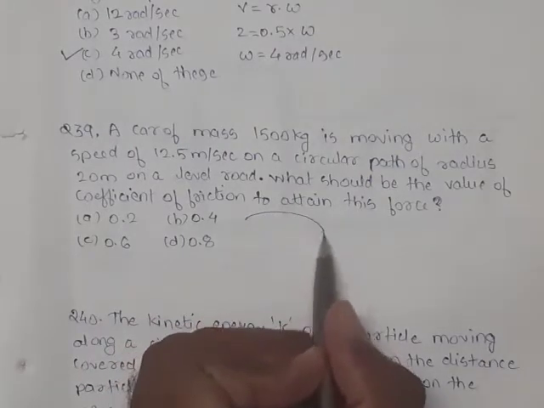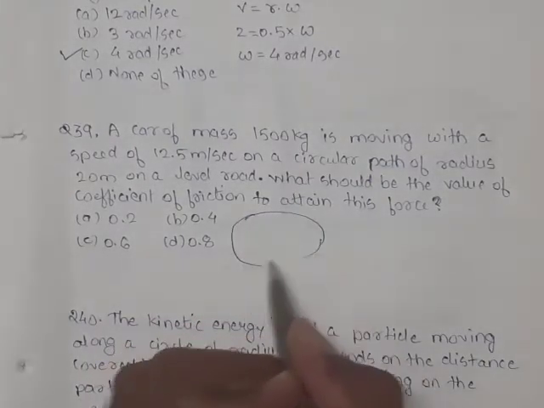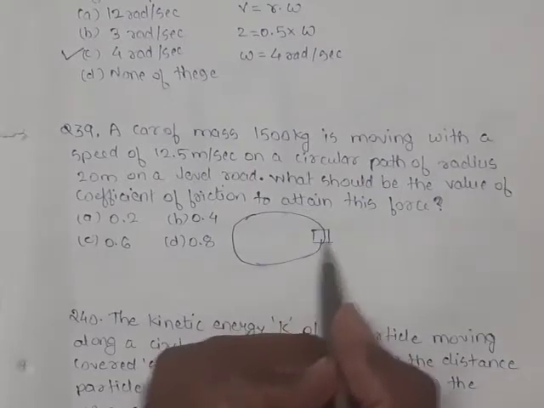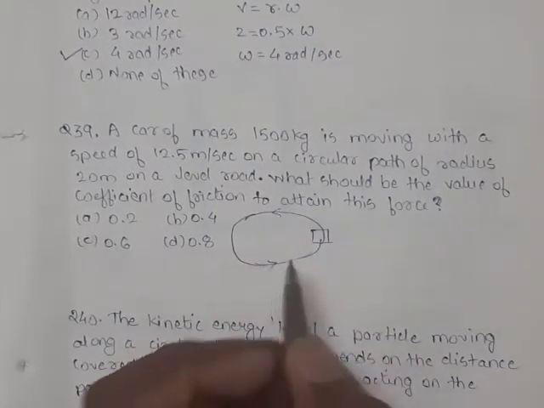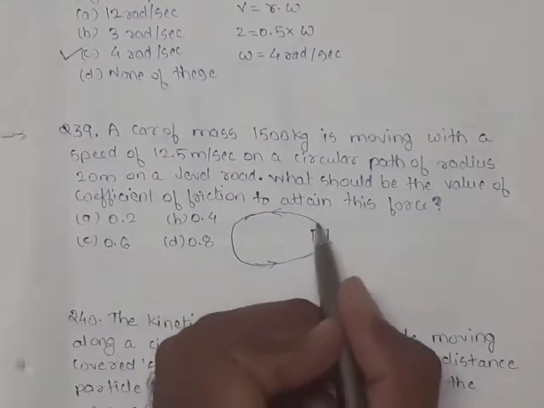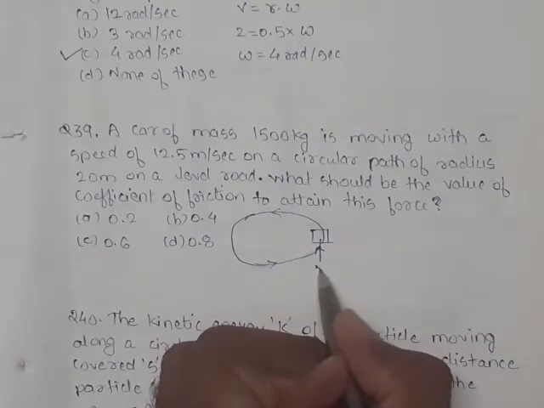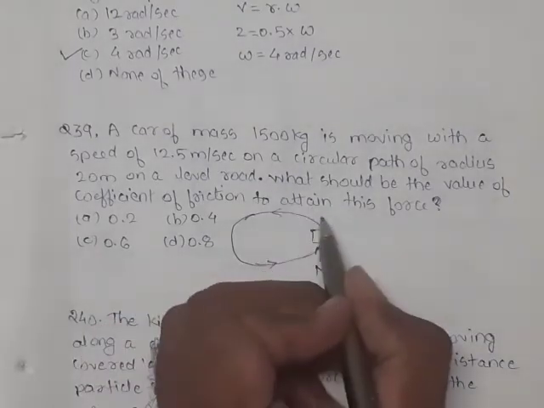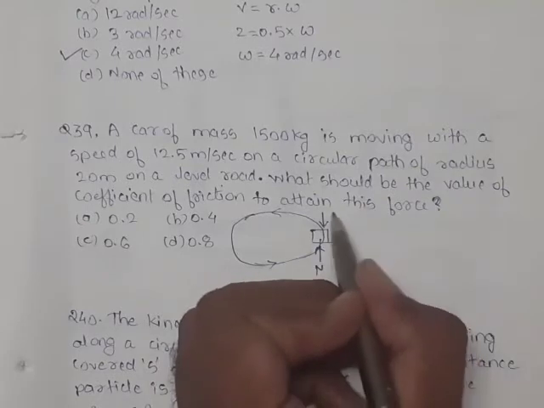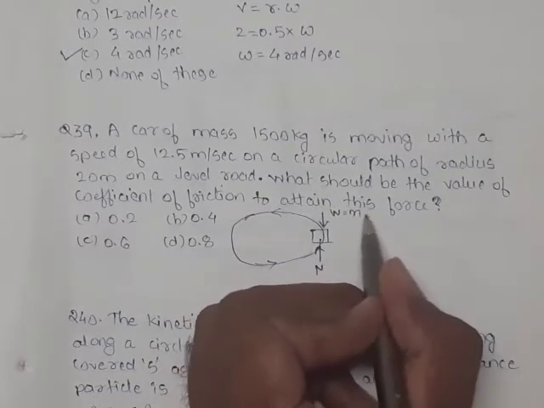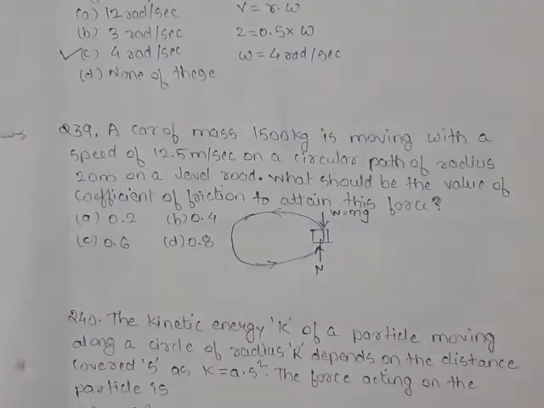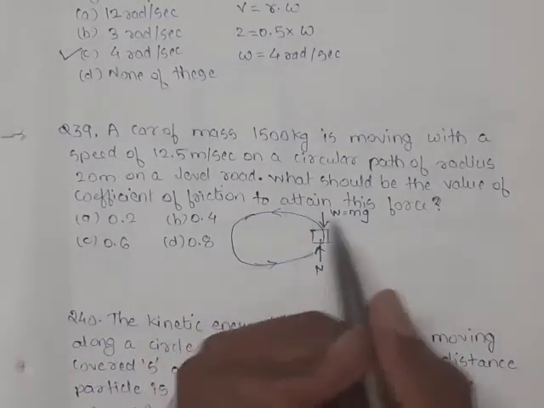Suppose the car is moving in this circular path on a level road. Here is the position of the car, which is traveling, suppose, in this manner. On this car, this is the normal reaction N acting in the vertical y direction. We have to show its weight, which is equal to W equals mg. These are the forces acting in the y direction. Now here this car is able to travel in a circular path.